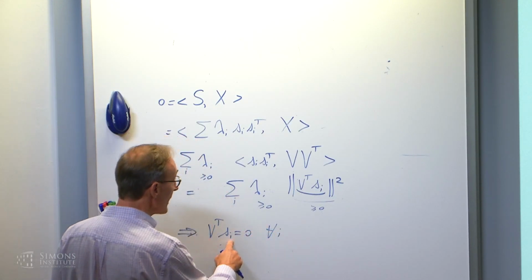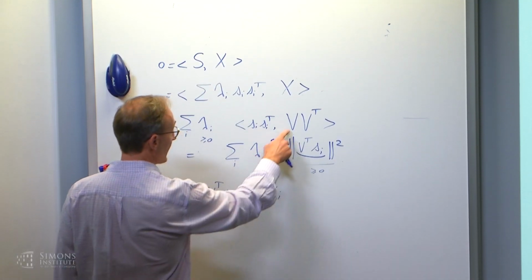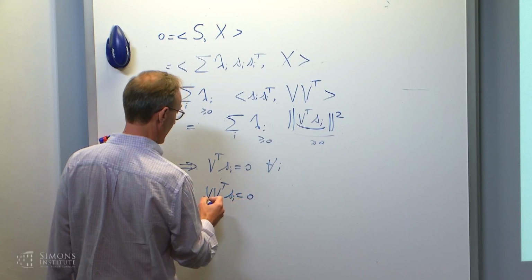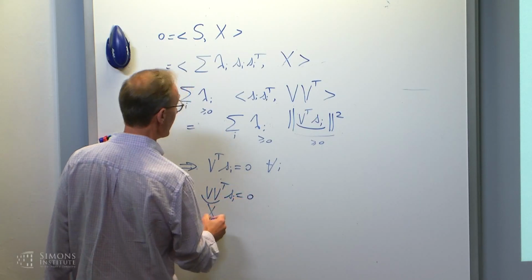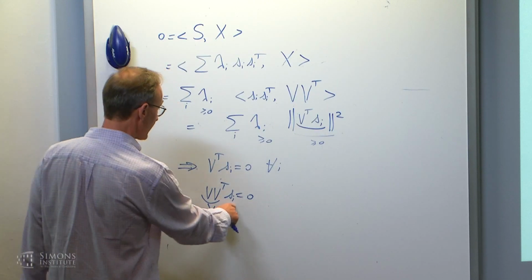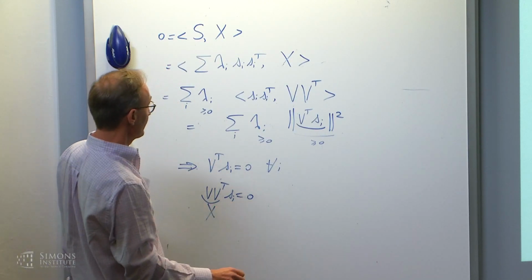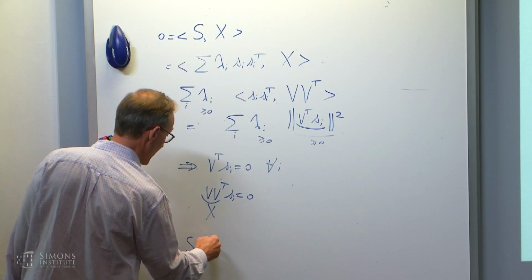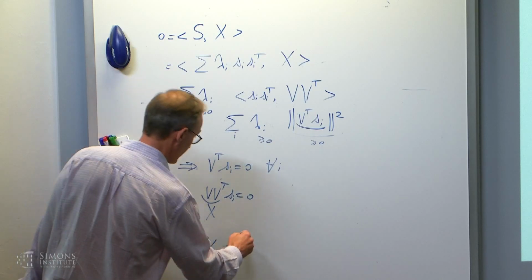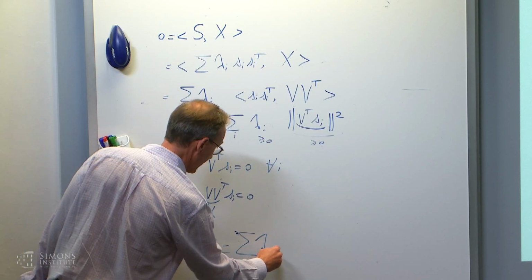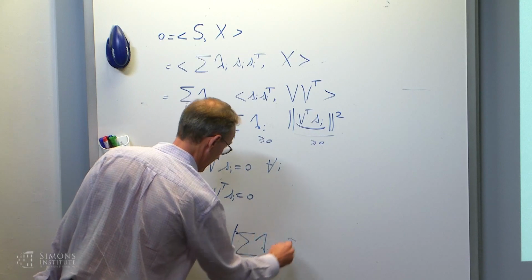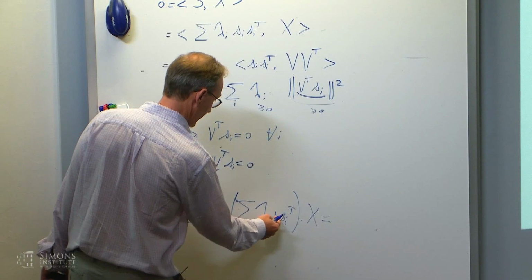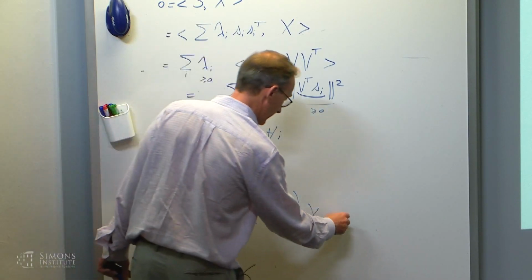But if this is true, then v v transpose si is equal to 0, and so x si is equal to 0. But if x si is equal to 0, then when I take the regular product of s times x, which is the sum over i of lambda i si si transpose times x, since these will be 0, I get 0.